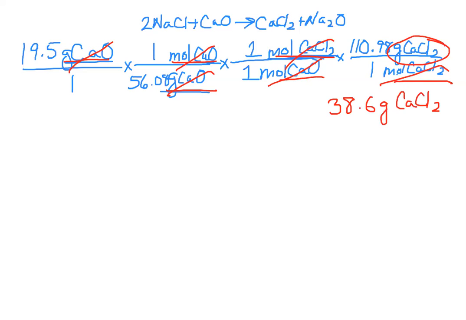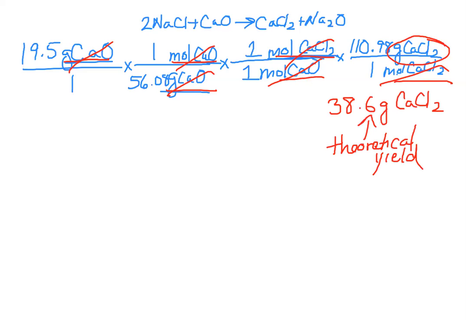What is this? This is the theoretical yield. That's what we should get if we do this experiment completely perfect. That's what we would get.